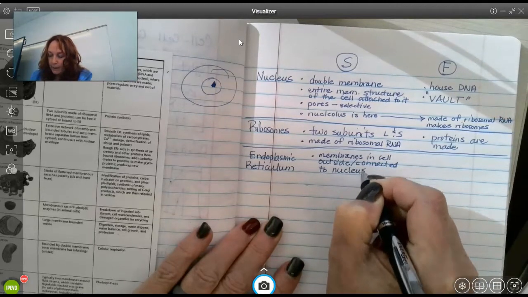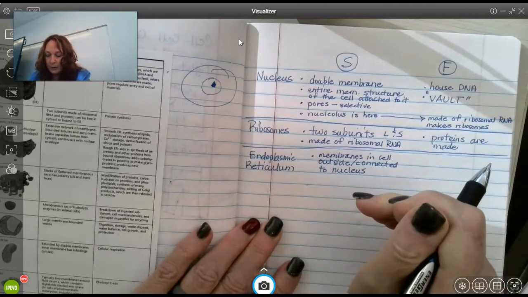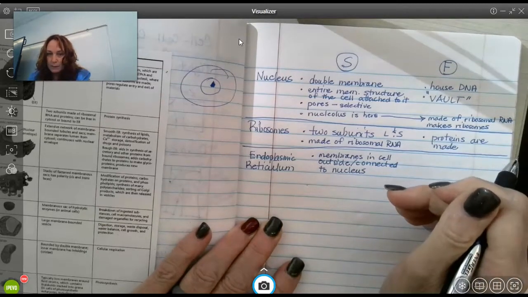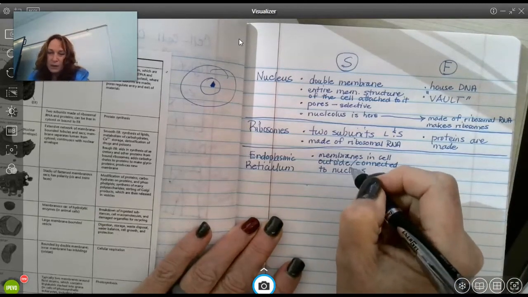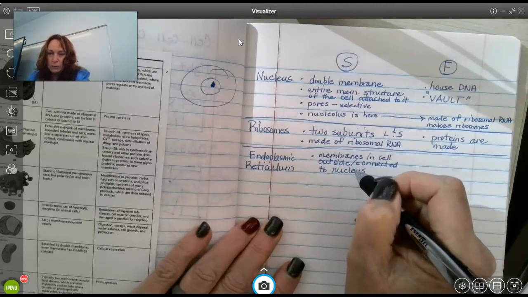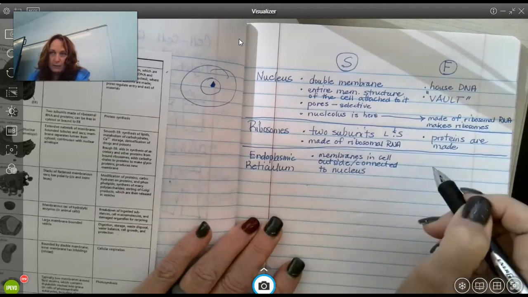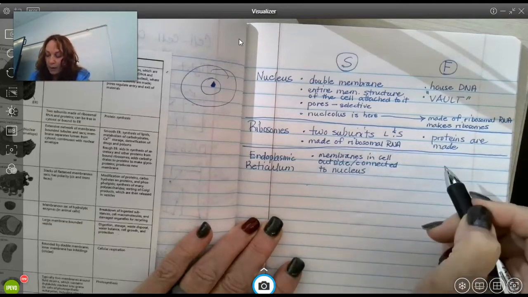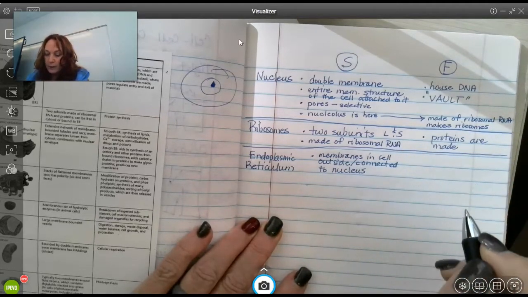So they're that membrane network outside of the nucleus. And there's 2 parts. There's the rough and the smooth. And so really structurally, they don't look very different, except the fact that the rough has ribosomes attached. But if you look at the membrane part of it, they're not that different. But they are different in their function.